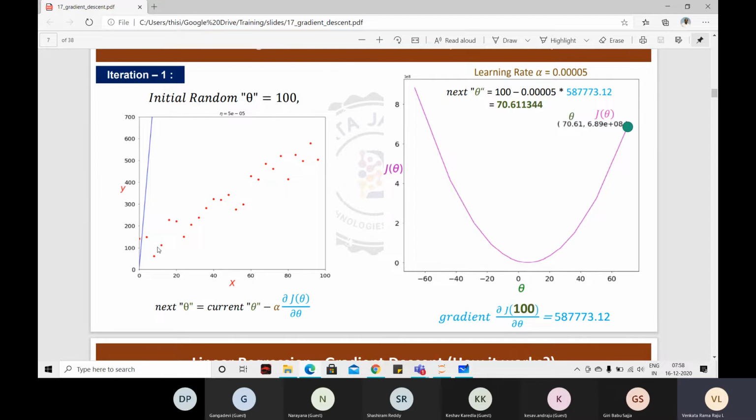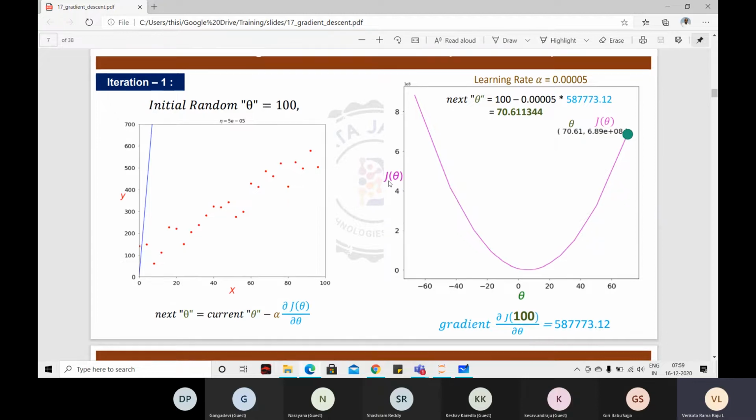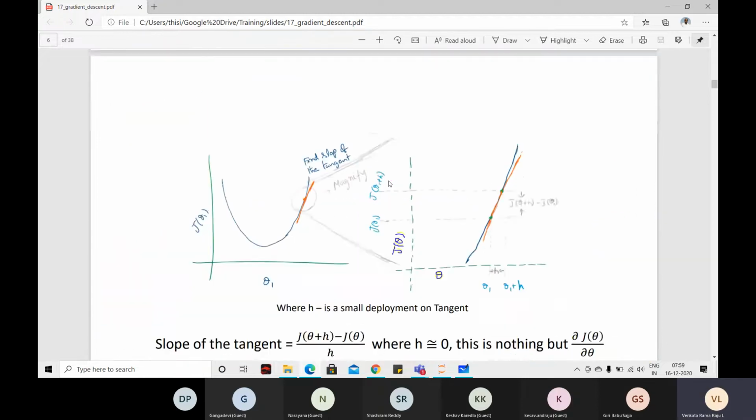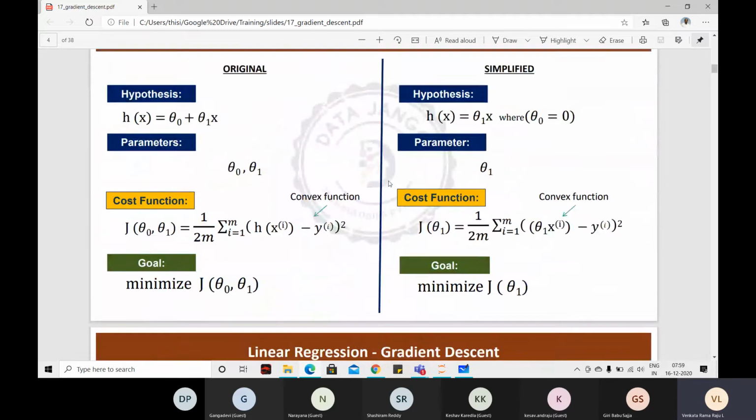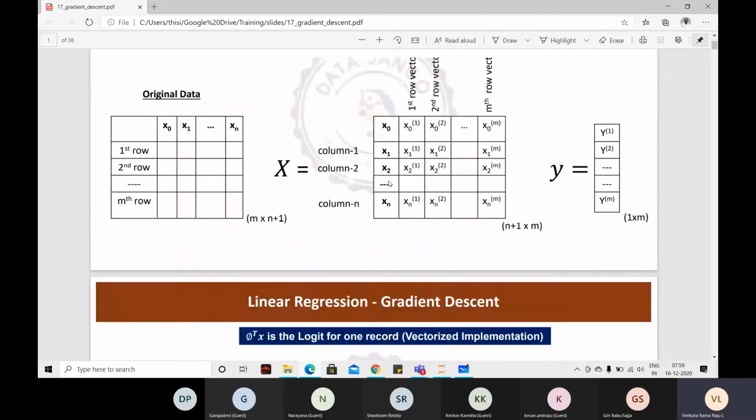So the algorithm chose 100 as the theta and drew a line. Now it calculated error. If you look at the second graph, I have taken theta on the x-axis and error on the y-axis. J of theta is nothing but the cost function. Let me show you that notation.